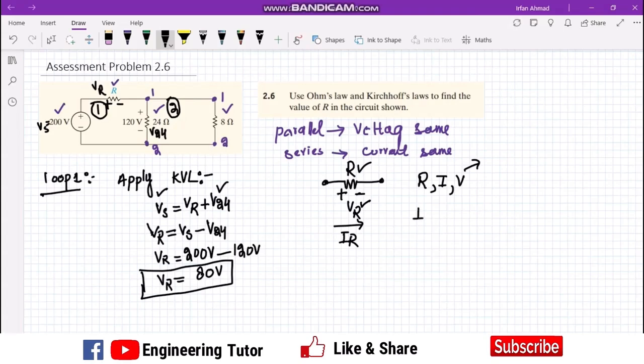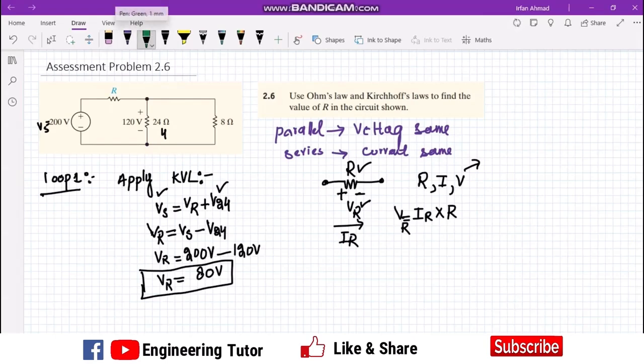So I know that V is equal to IR into R. To find the value of this IR, which is flowing here, let me clean it so that you can look at this very clearly, and let me change the color.